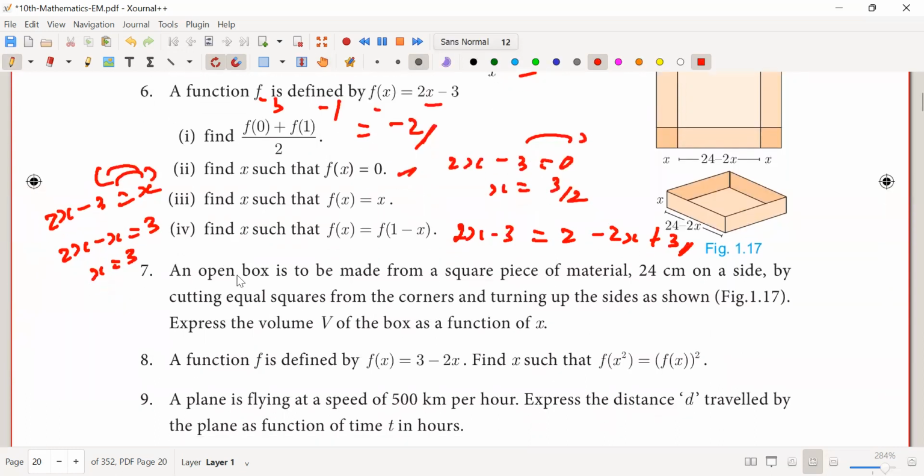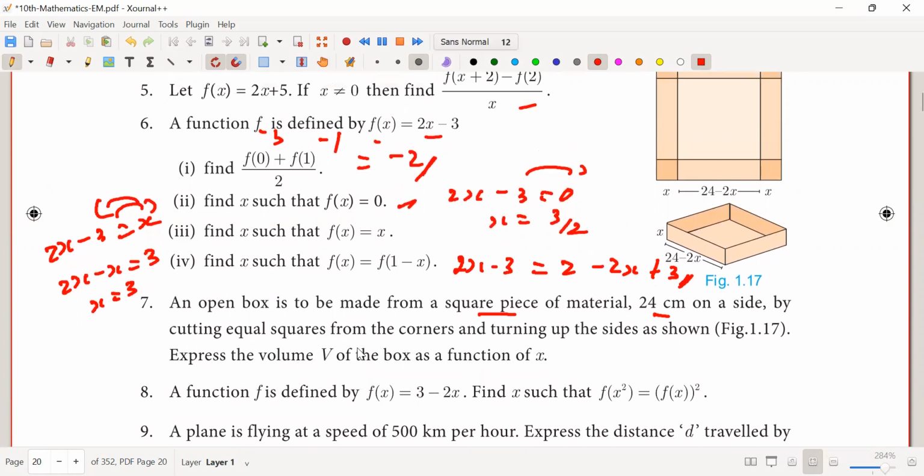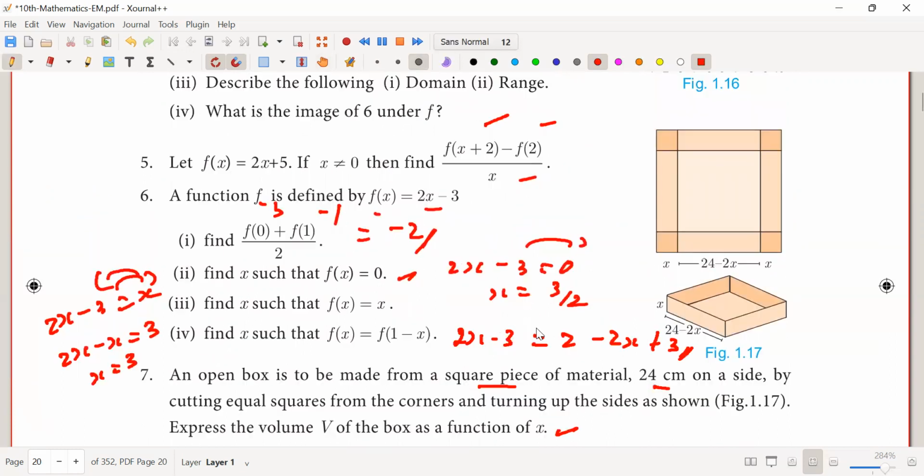Okay. An open box is made from a square piece of material 24 centimeters on a side by cutting equal squares from the corners and turning up the sides as shown. Express the volume as a function of x. See here, 24. I'm cutting 4 squares.